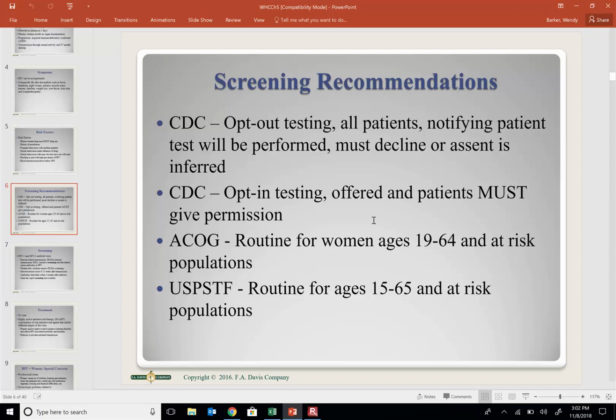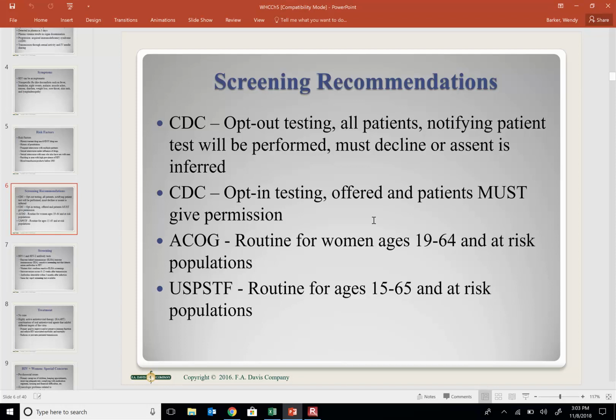I'm going to tell them that it is our routine practice to test for HIV. And so unless the patient says, no, I don't want you doing that to me, then it is understood that they are agreeing to the test. So they have to opt out. That's what opt-out testing is.